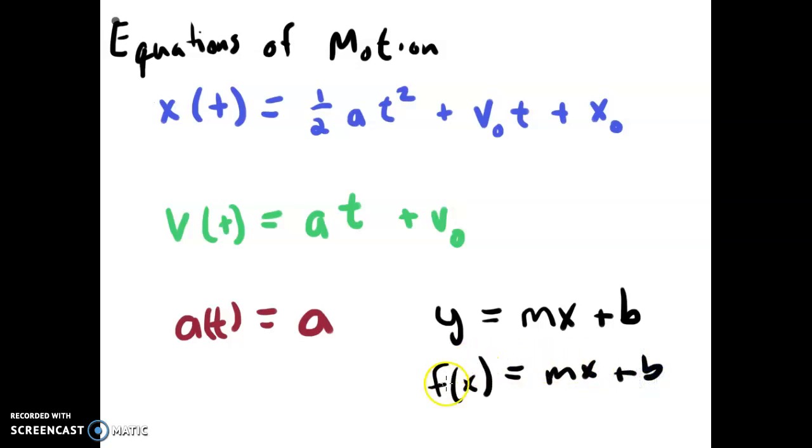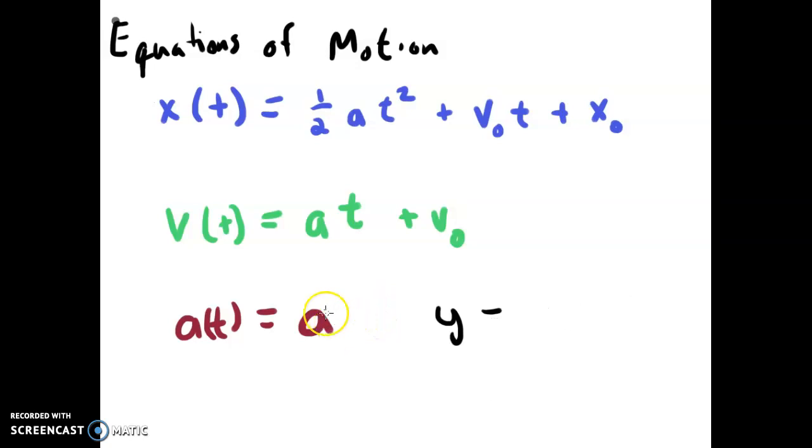And the clue that you probably didn't know when you first learned this is that x here is the only thing that gets to stay as a variable. That's why it's f of x, a function of x. This tells us x, position in this case, is a function of time. Velocity is a function of time. All right, without belaboring that too much, let's go into an example.